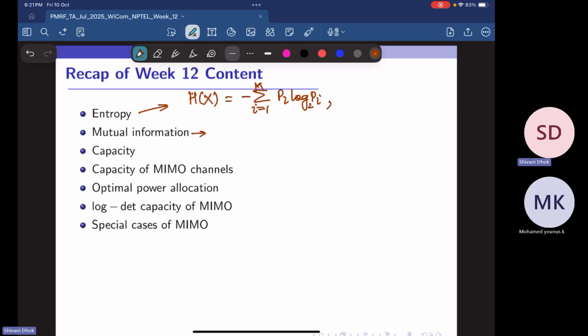This is also equal to an expectation, and when we have a continuous random variable, then h of x is basically minus the expectation of log of f x of x.